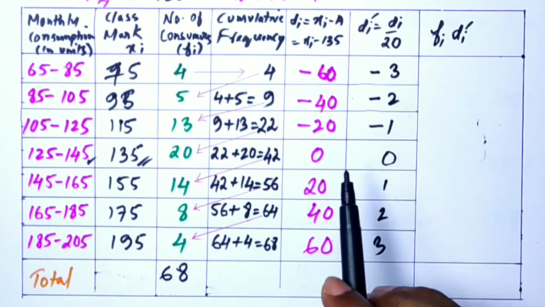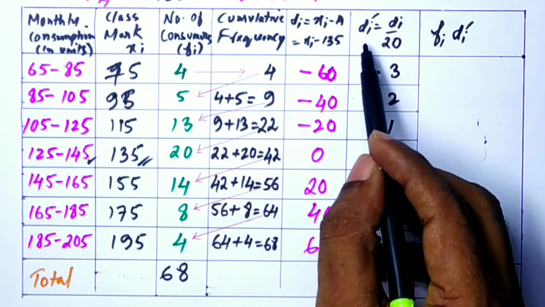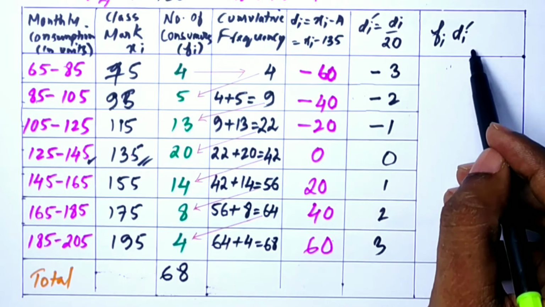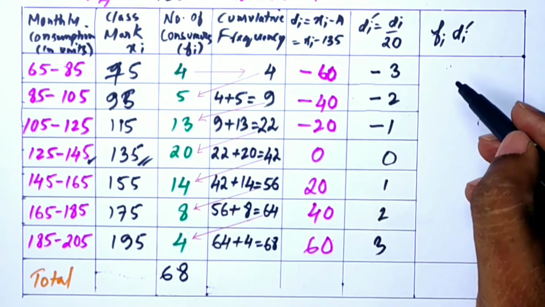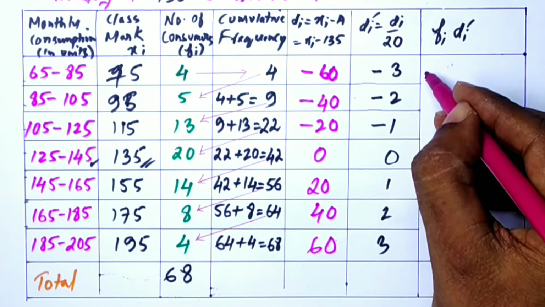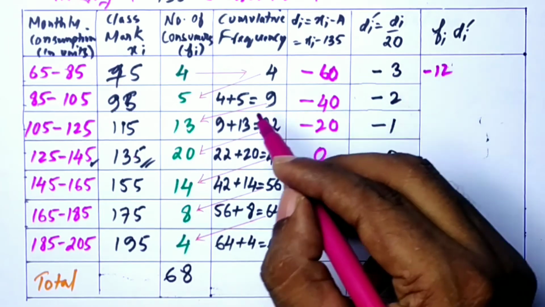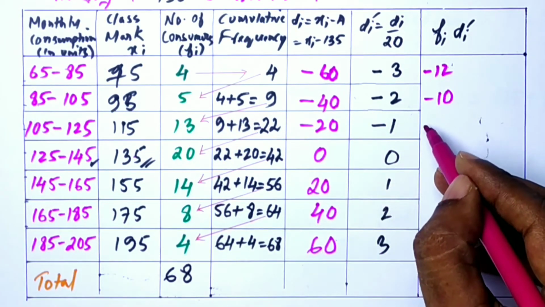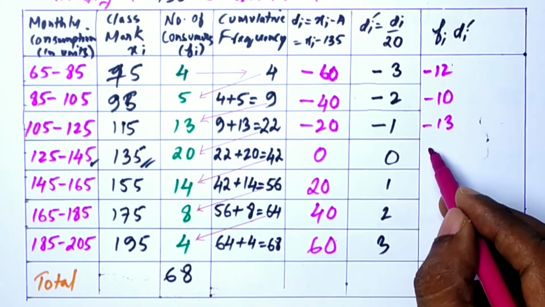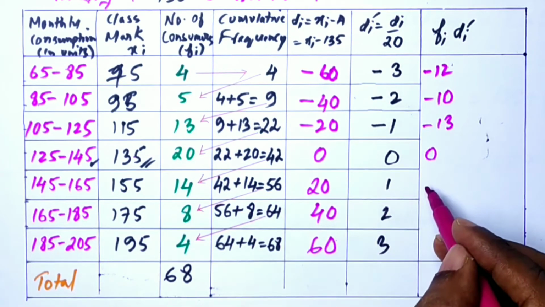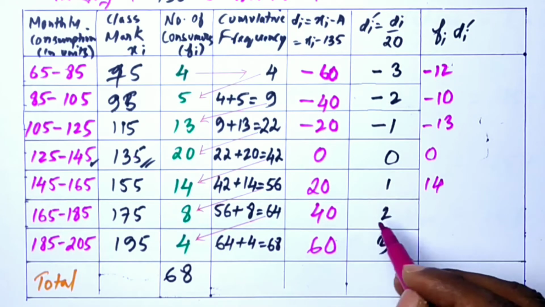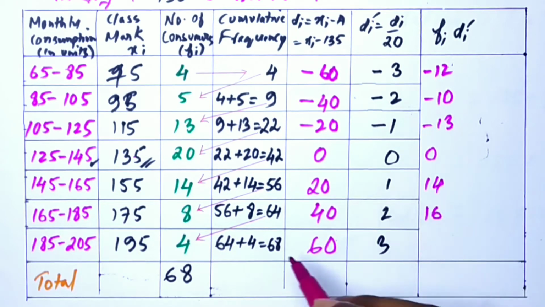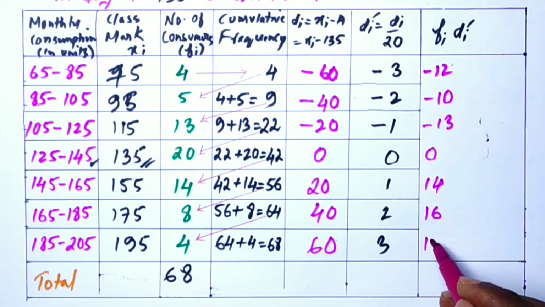Now we multiply fi and di dash to get fi di dash. So 4 into minus 3 is minus 12. 5 into minus 2 is minus 10. 13 into minus 1 is minus 13. This will be 0. 14 into 1 is 14. 8 into 2 is 16. 4 into 3 is 12.